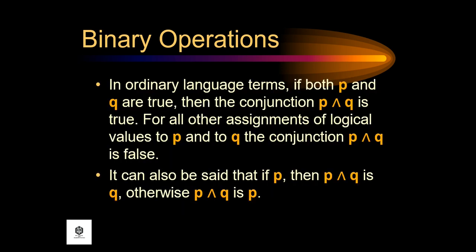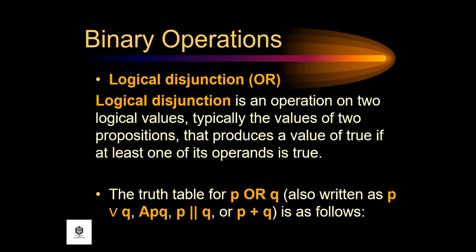In ordinary language terms, if both P and Q are true, then the conjunction is true. For all other assignments of logical values to P and to Q, the conjunction is false. It can also be said that if P, then the conjunction is Q, otherwise, the conjunction is P.